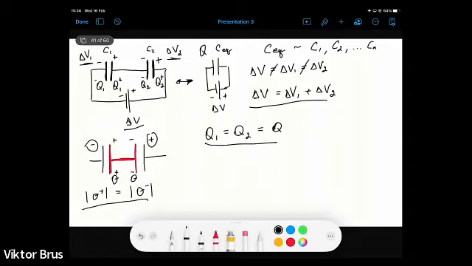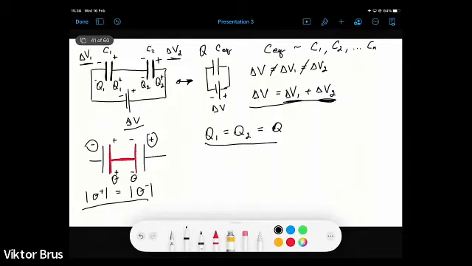And now we need to define the potential difference, delta V1 and delta V2, between the plates of the first and second capacitors in terms of electric charge accumulated by the capacitor and its capacitance.